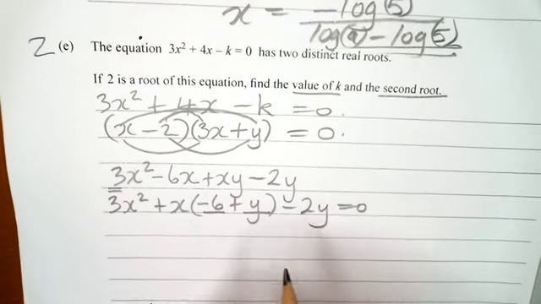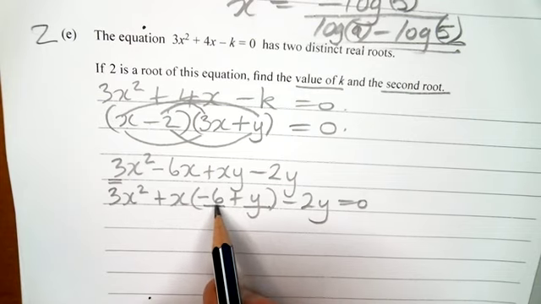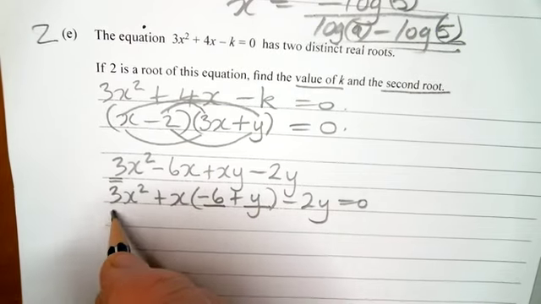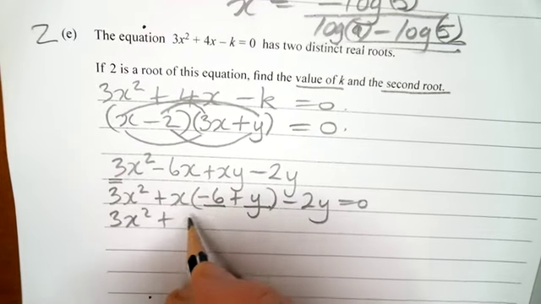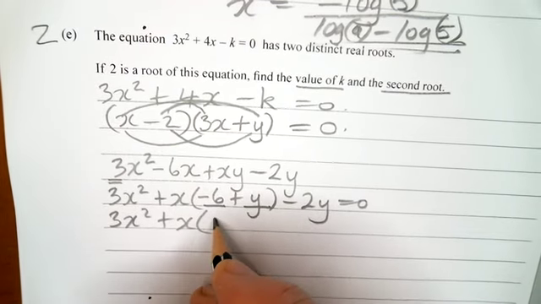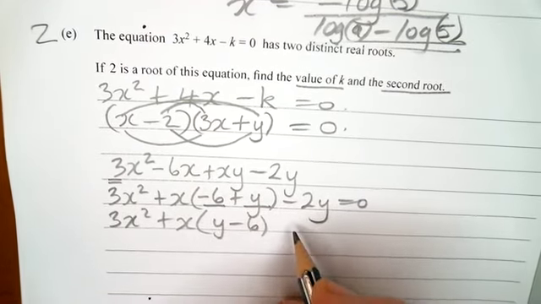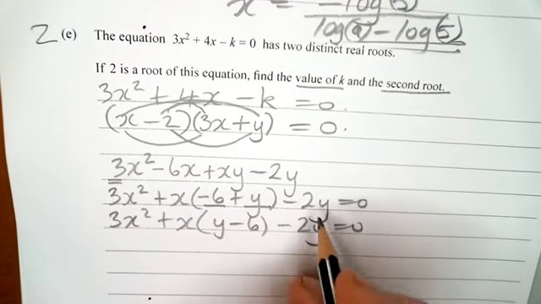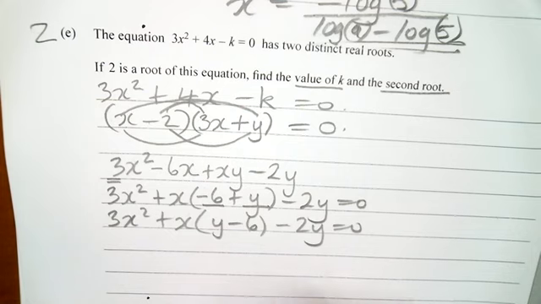Now, the coefficient of x is negative 6 plus y, or if you like, let's rewrite it, 3x squared plus x times y minus 6, minus 2y is 0.